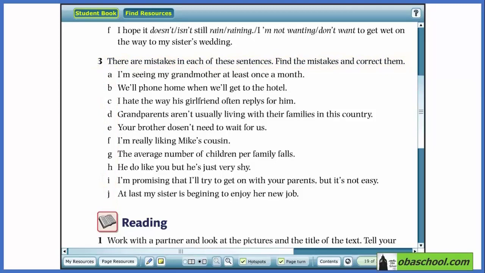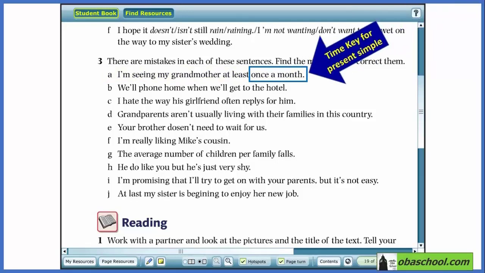Let's read sentence A together. We will find the mistake and correct it. I'm seeing my grandmother at least once a month. In the sentence, we have once a month. We know that once a month is one of the time keys for the present simple tense.